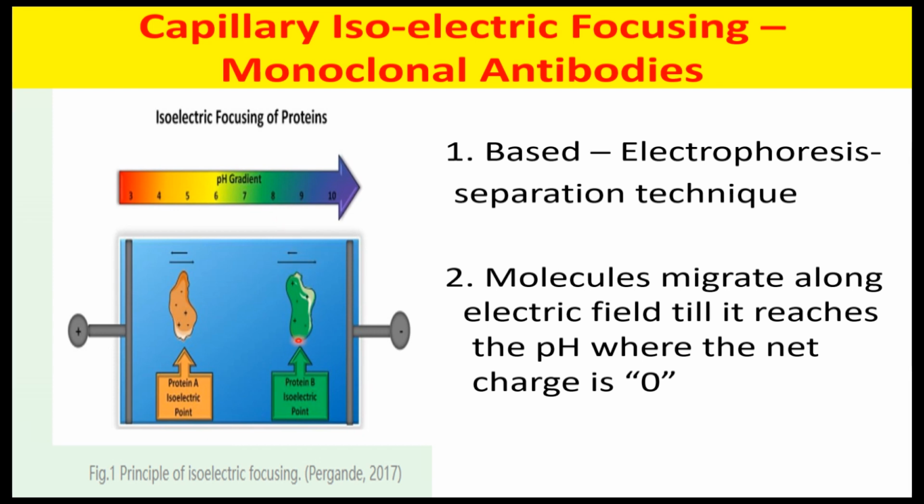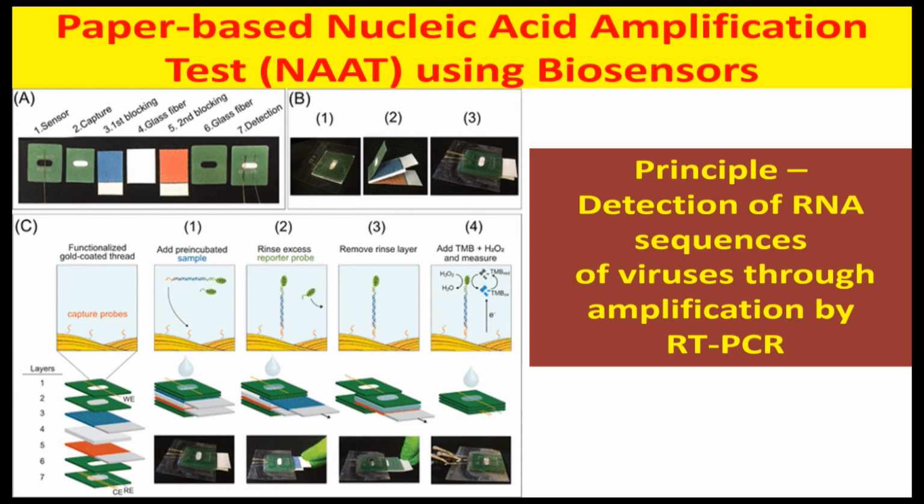Next, we go on to NAT using biosensors. The full name is paper-based nucleic acid amplification test. Here what happens, just like we had in the time of corona, RT-PCR is used for amplifying the sample RNA. After the sample RNA is amplified, the test is actually done. So capture probes are used.